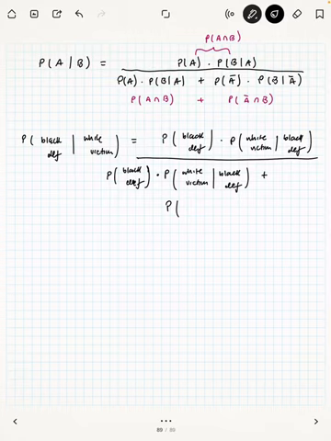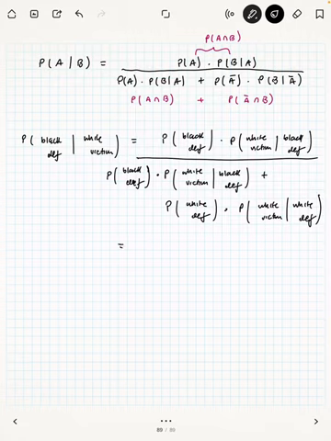So instead of a black defendant, we're going to look at white defendant times the probability of a white victim given a white defendant.